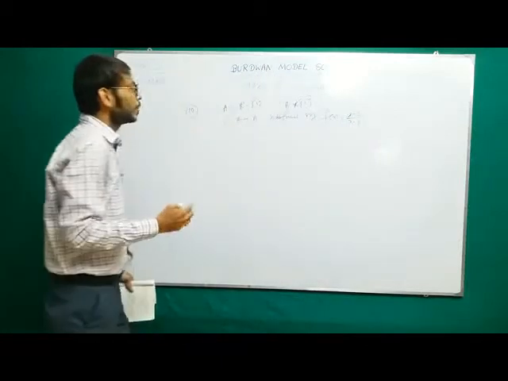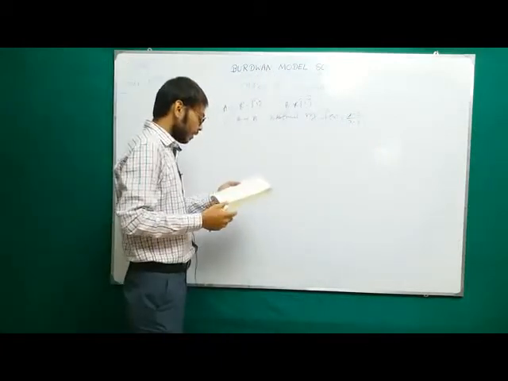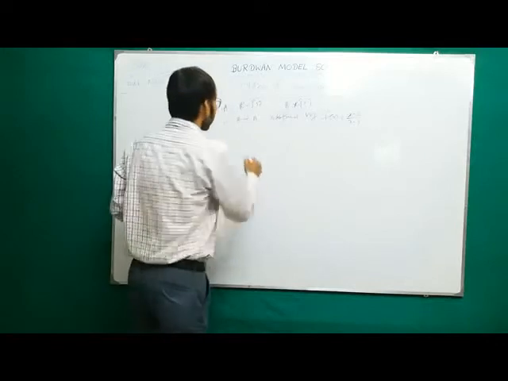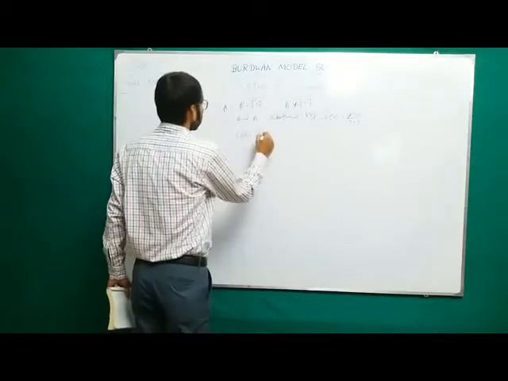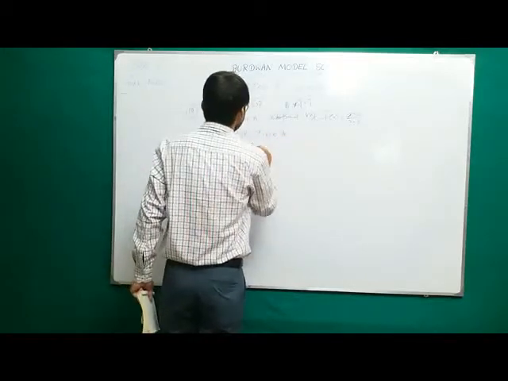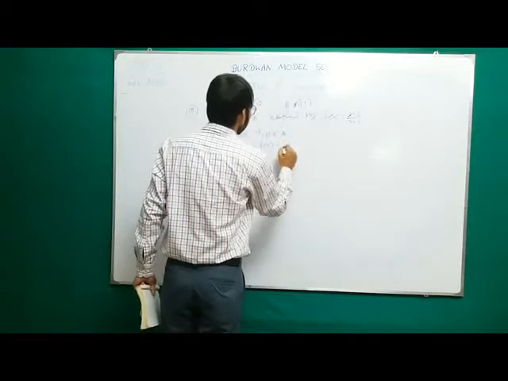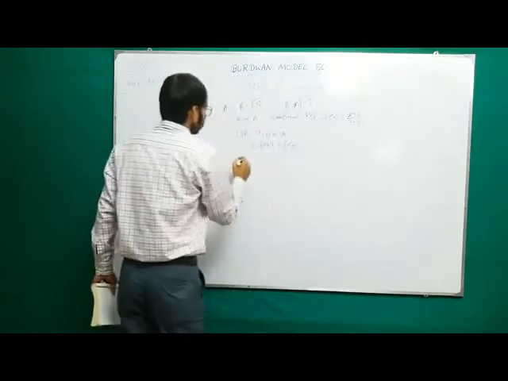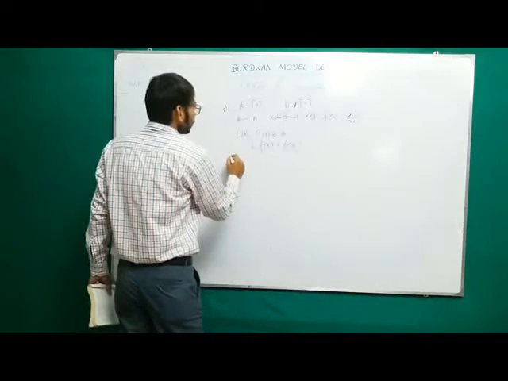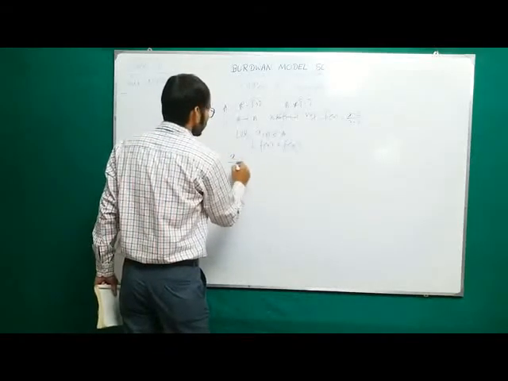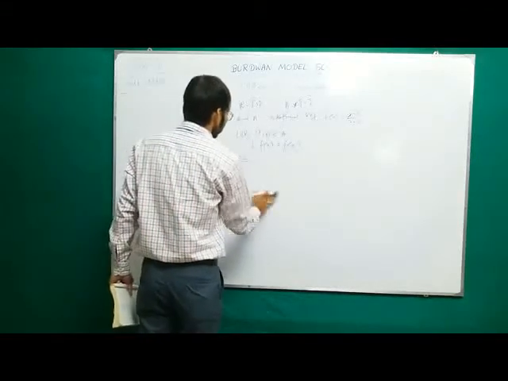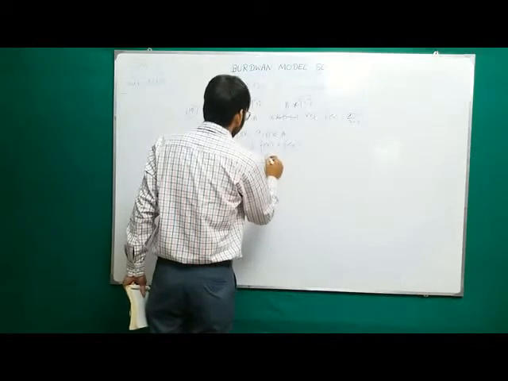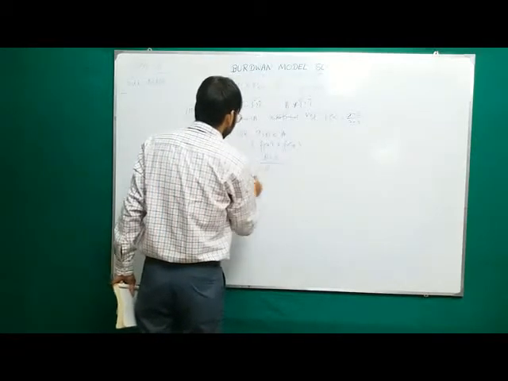So we have done one-to-one before in a similar way. Let x comma y belong to A and f of x equals f of y. Therefore x minus 2 by x minus 3 equals y minus 2 by y minus 3.